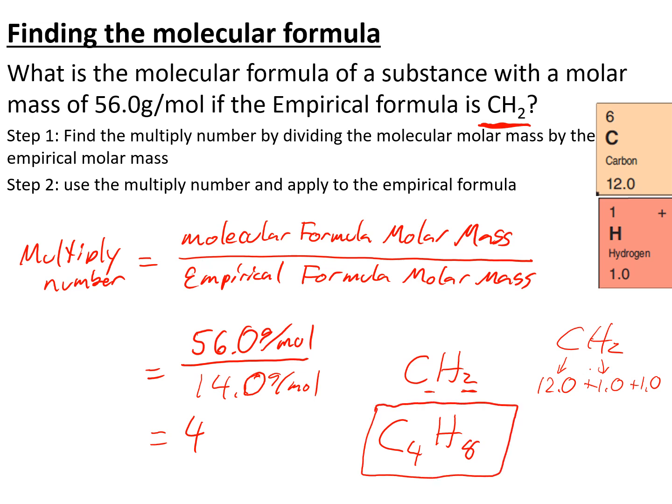So our molecular formula is C4H8. Okay, so I took that multiply number and multiplied it by what was previously there, which is nothing, but that means there's a 1. And what is previously right here, there is 2, so 2 times 4 is 8. And that's how we get our C4H8.